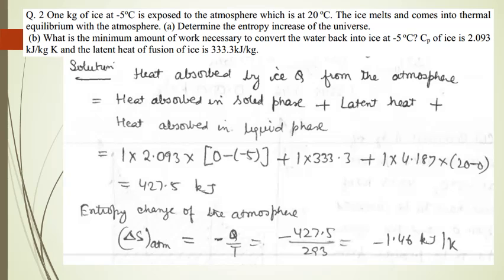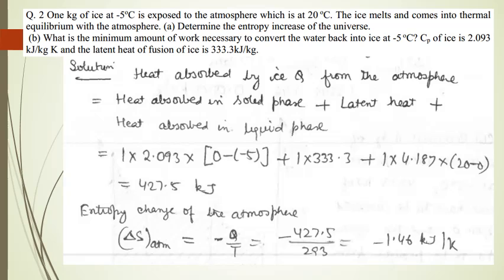The latent heat of fusion is 1 into 333.3. The heat absorbed in liquid phase is 1 into 4.187 into 20, when water at 0 degrees Celsius is converted to water at 20 degrees Celsius. That accumulates to 427.5 kilojoule.